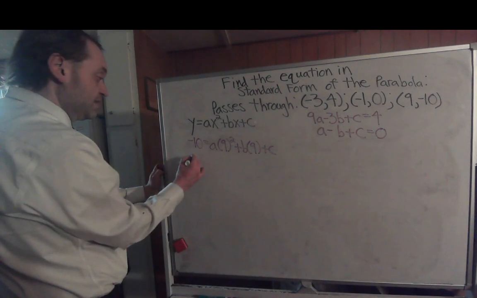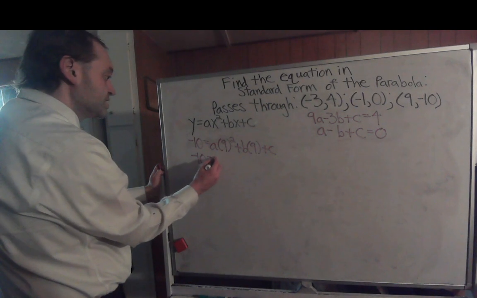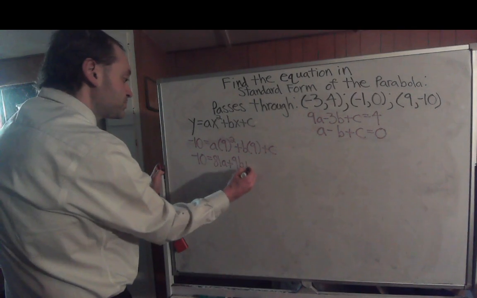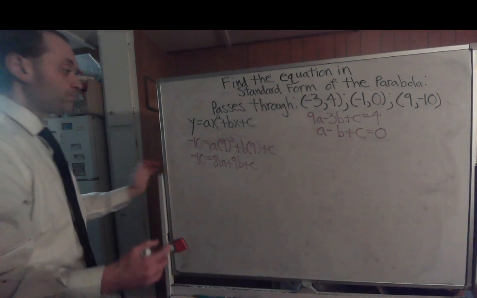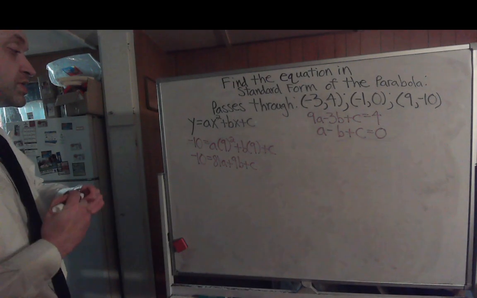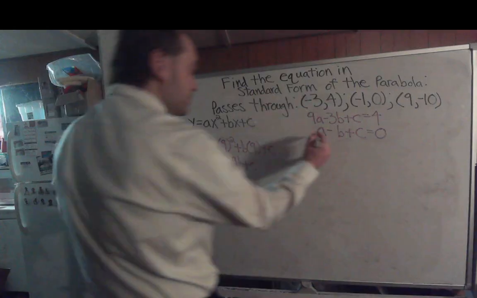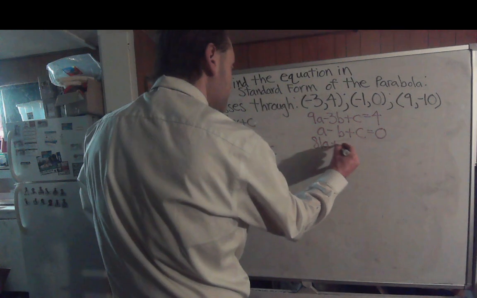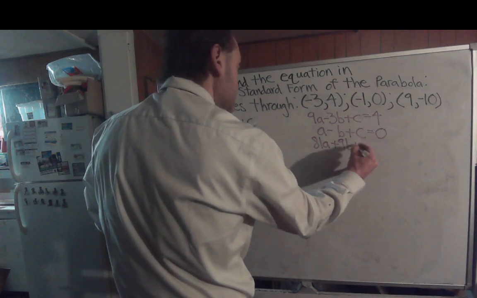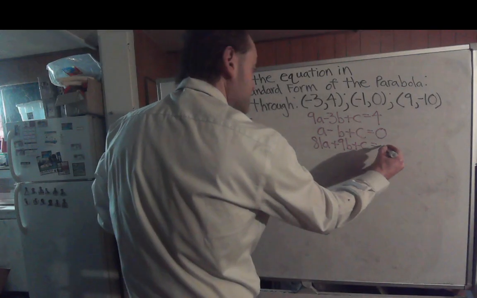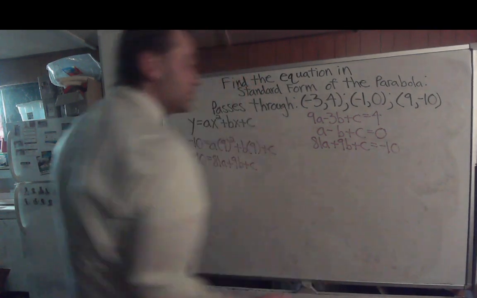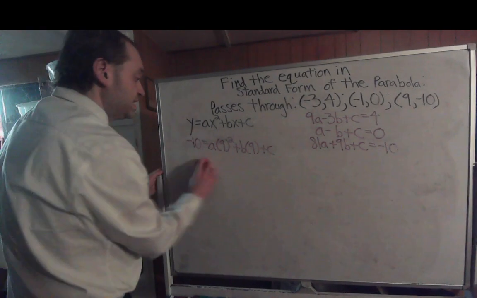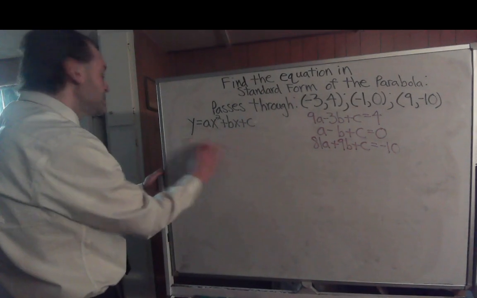What this is going to give you is negative 10 equals 81a plus 9b plus c. So this will give you your third equation of 81a plus 9b plus c equals negative 10. Not looking pretty, is it? But that's the nature of the beast when all you get are 3 points that this passes through.